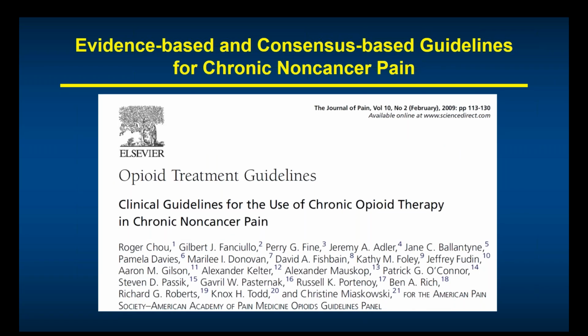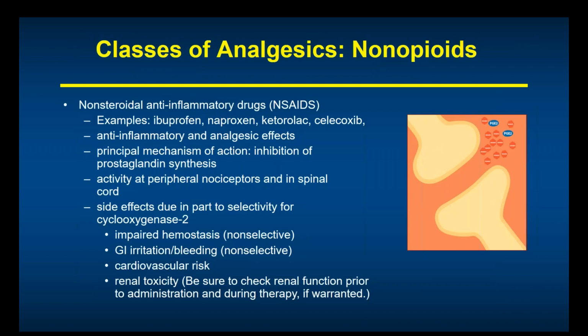These guidelines are not new, and since they were published in 2009 they've recommended not to use opioid analgesics for certain chronic non-cancer pain syndromes, and to maximize therapy, again, with multimodal analgesia. So we get back on the topic of multimodal analgesia, and we need to go through the classes of the analgesics that are used.